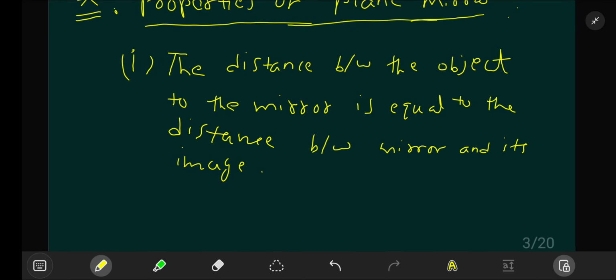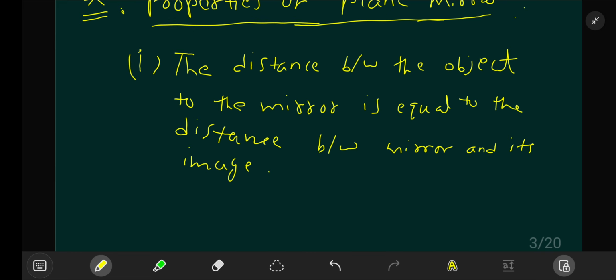That means, suppose here is a person standing in front of a plane mirror. This is the side where we see our image, and this is the polished side.